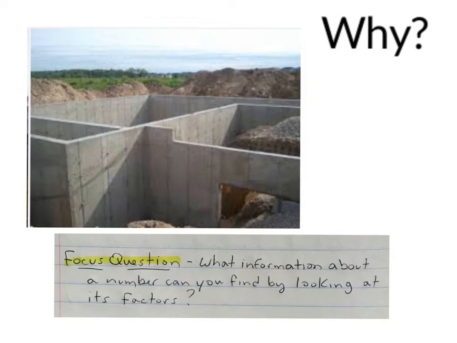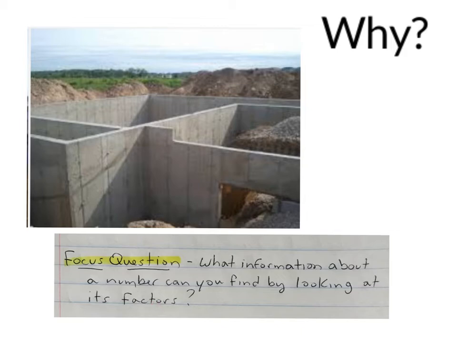Why are we learning this? We're learning this because if we can answer the focus question, we'll learn more about numbers just by looking at their factors. Remember, the focus question is, what information about a number can you find by looking at its factors?